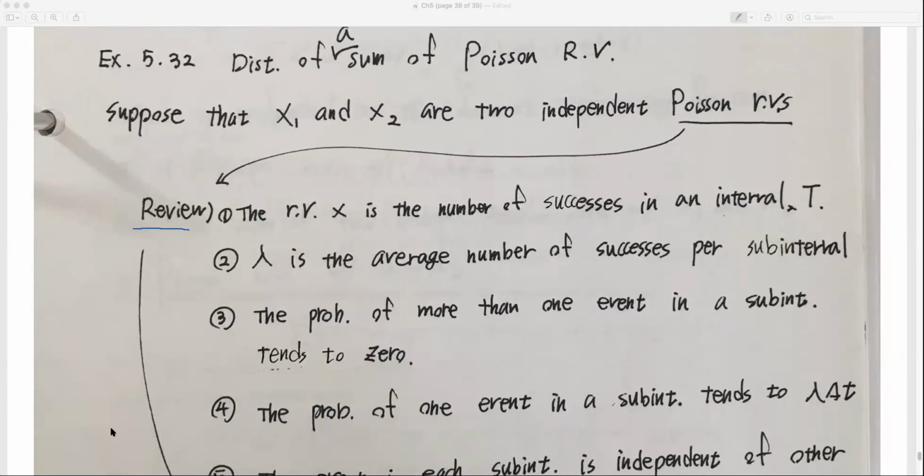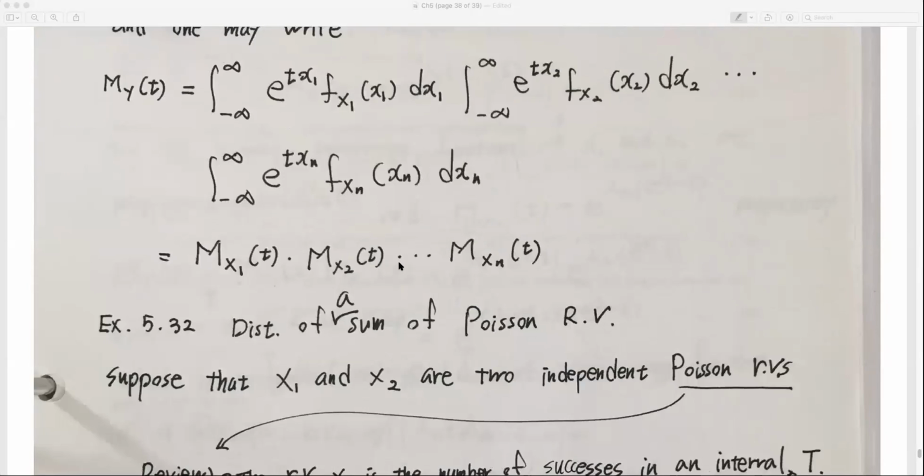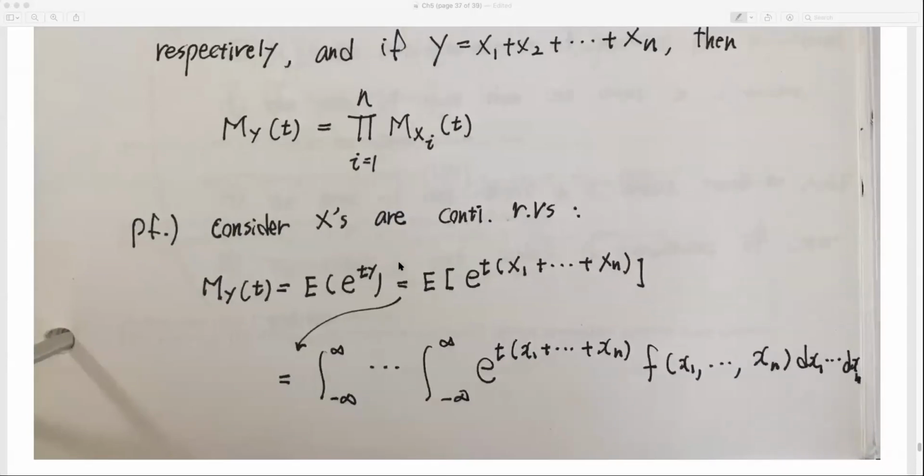The problem says that the two Poisson random variables are independent, right here, so we can use property number 3.